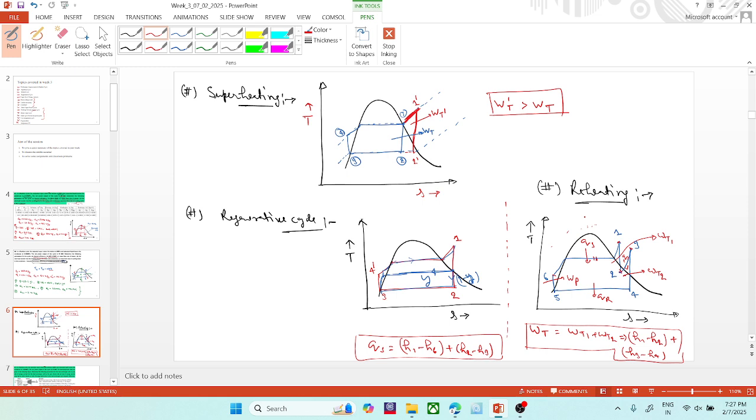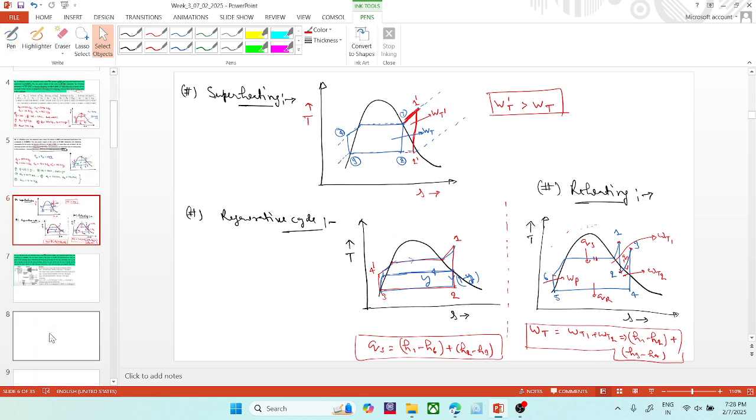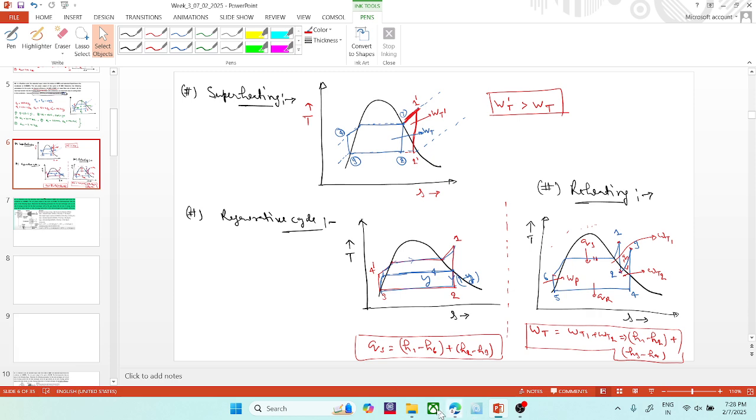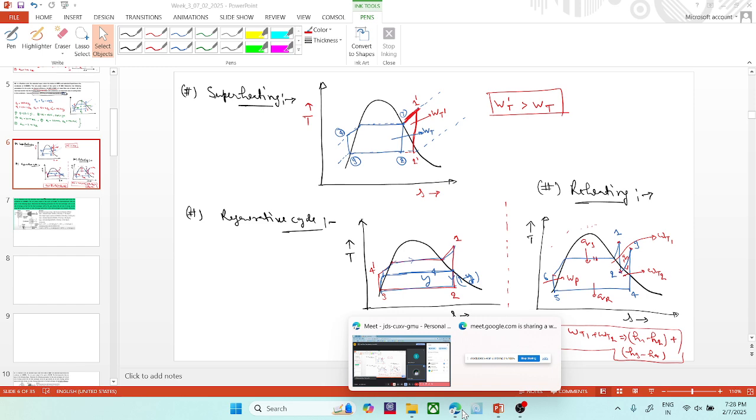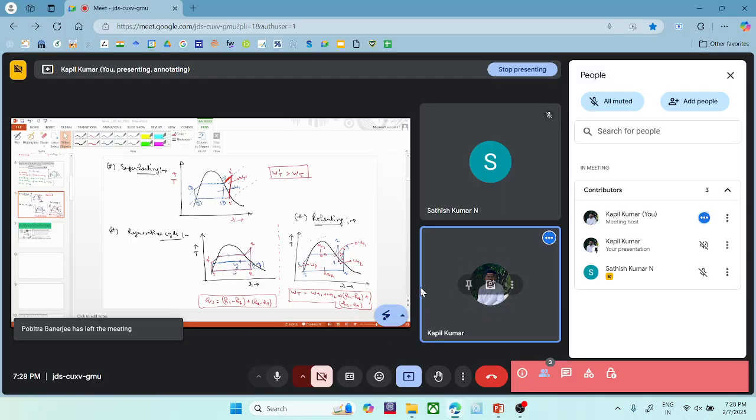Then we have learned the regenerative open feed water heater and closed feed water heater, and also the heat balance across them. So this is the summary of lecture one, and based on this, I will solve a problem. If you are having any problem till here, then we can discuss that.